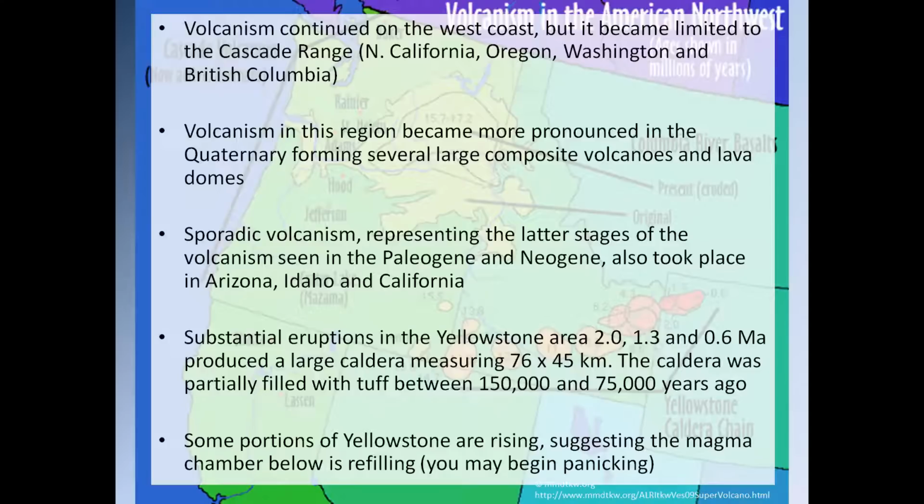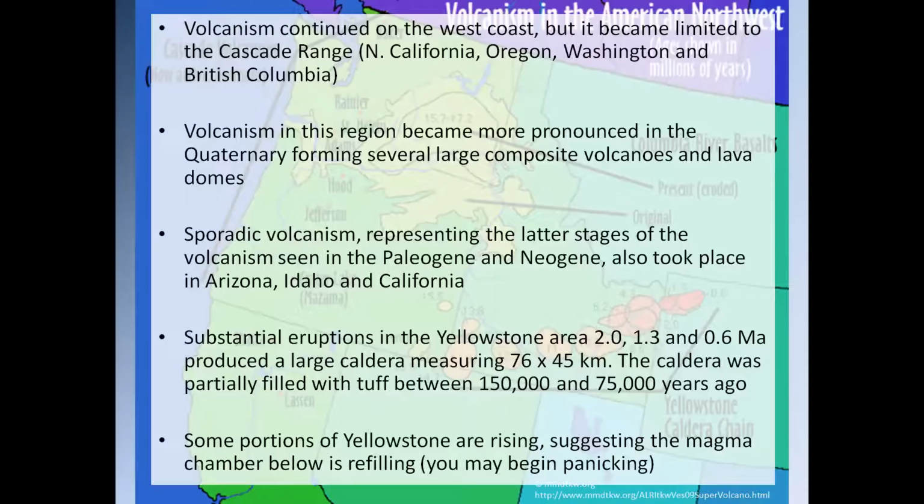So, for instance, when you think of Arizona, when you think of Idaho, you don't really think of volcanoes. And there's a reason for that, because the volcanism has on the whole stopped. We see substantial eruptions in the Yellowstone area at 2 million years ago, 1.3 million years ago, and 0.6 million years ago.